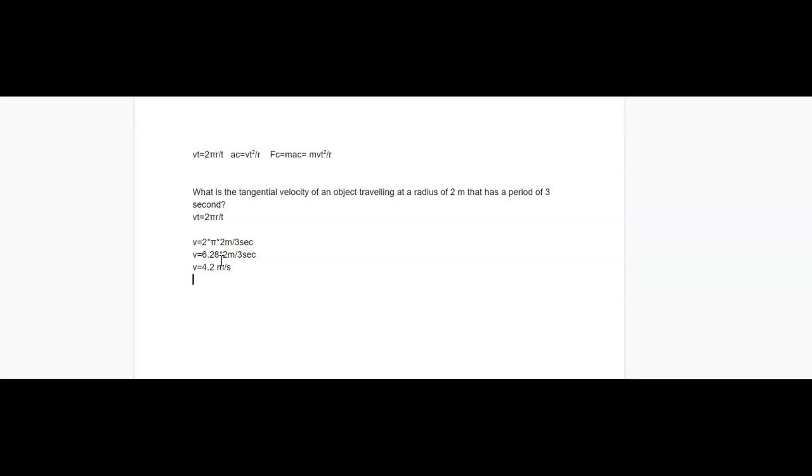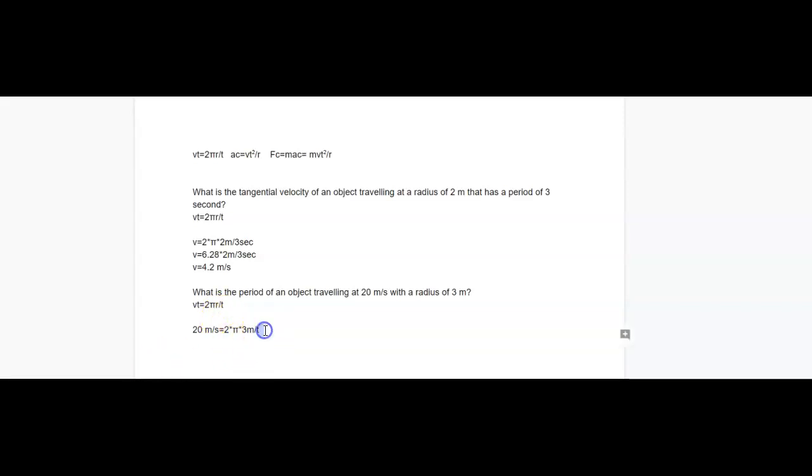Okay, that's the first sample problem. Now, the next question: what is the period of an object traveling 20 meters per second with a radius of 3 meters? Our equation is v equals 2 pi r divided by t, so 20 equals 2 pi times 3 meters divided by t.